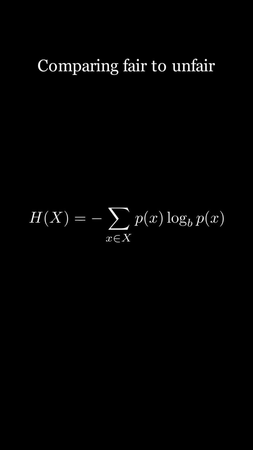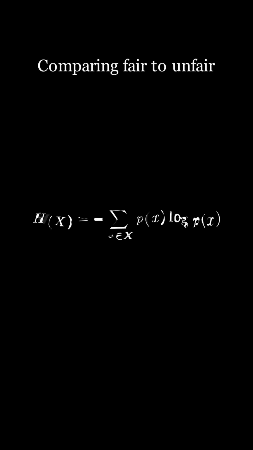Okay, what if we wanted to use this concept of entropy to compare our two previous coins? We said that log of 1 over p of x is the relative number of cases for an event x, using the probability law p.